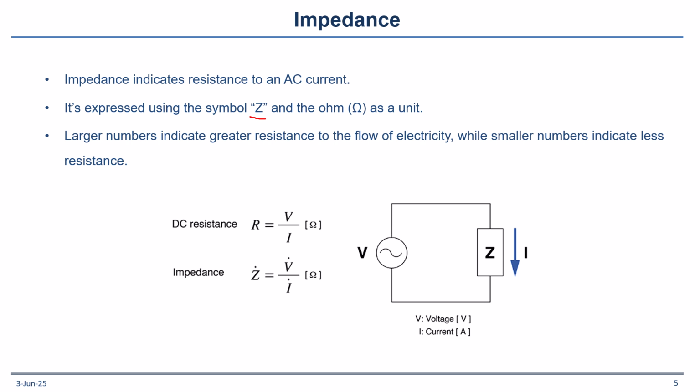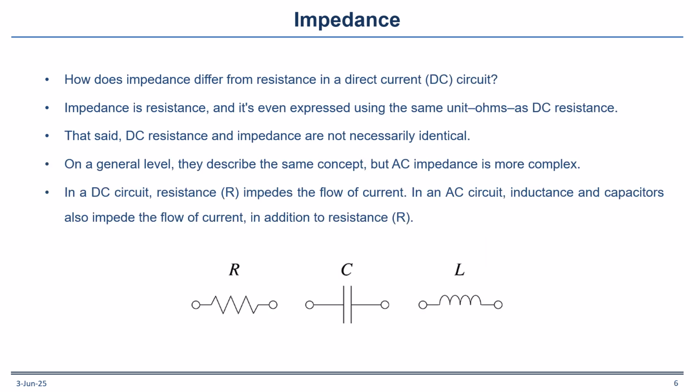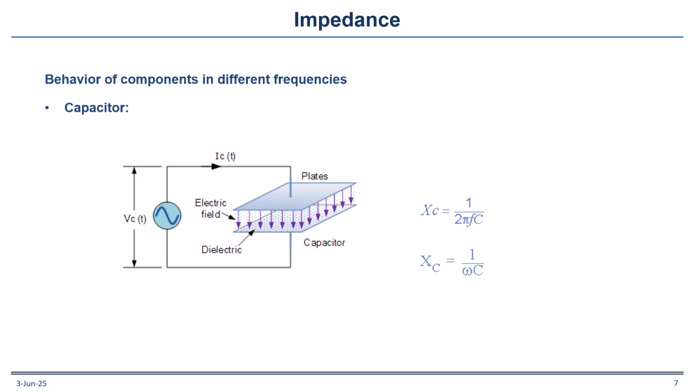So impedance is Z, and the unit is ohm, like the resistor. Resistor is independent of frequency, but capacitor and inductor depend on frequency. For the capacitor, the behavior will change with different frequency.